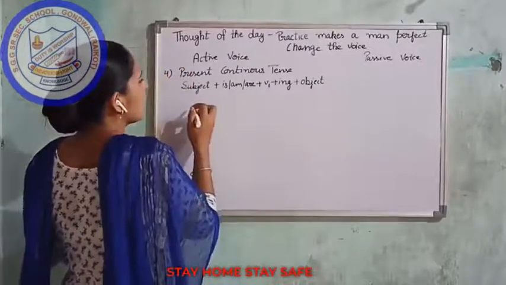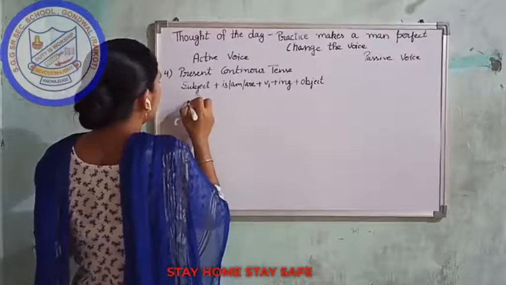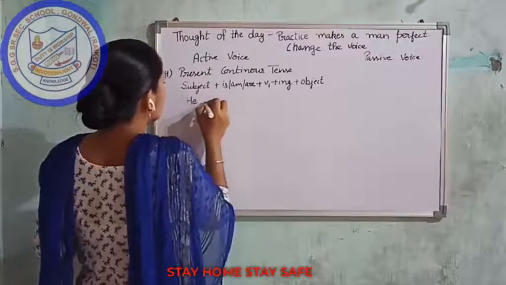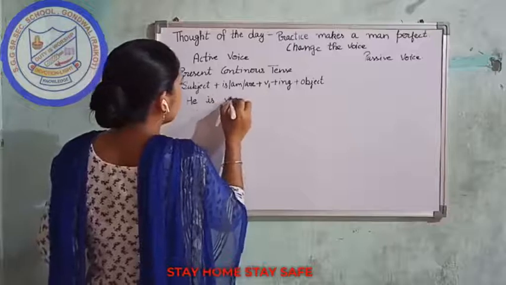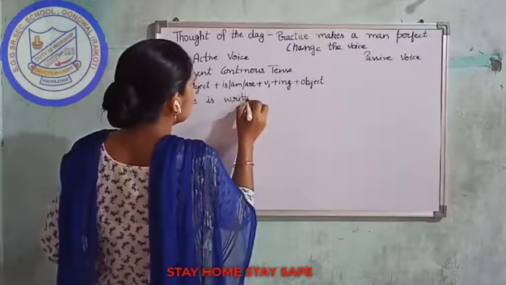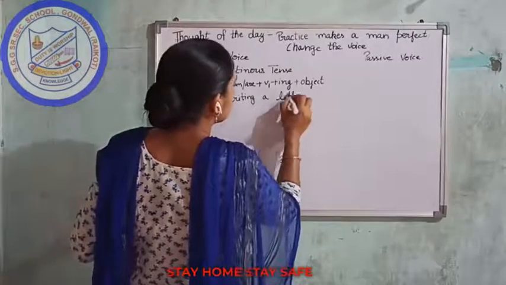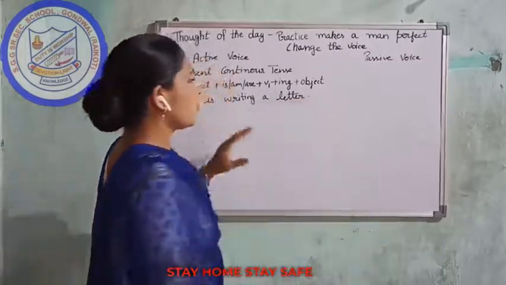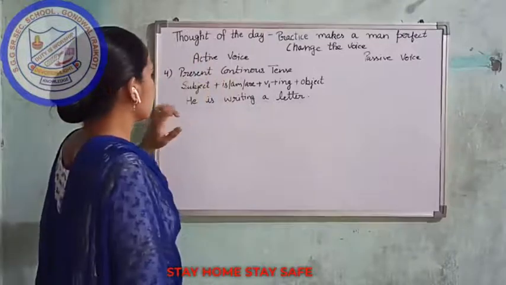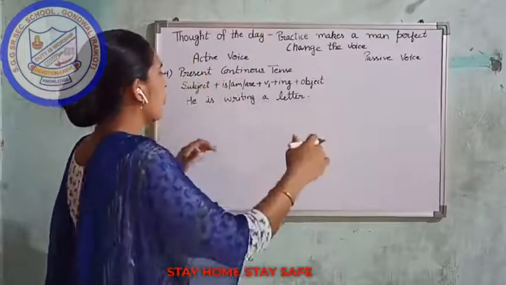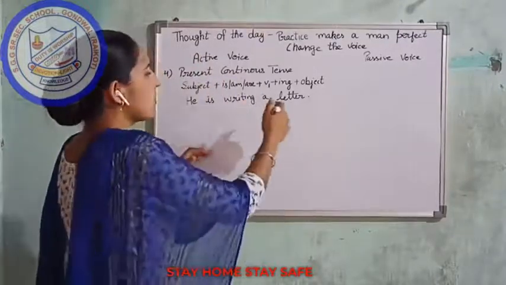Here is the example of he is writing a letter. So इसमें कोई काम फिनिश नहीं हुआ स्टूडेंट्स, जस्ट काम जो है वो हो रहा है. He is writing a letter.